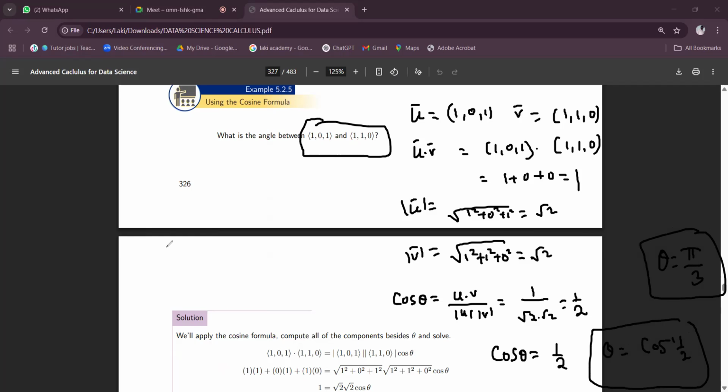You can use a calculator, and if you remember the value of cos 60, you can say that at theta equal to 60, the cos value is 1 by 2.